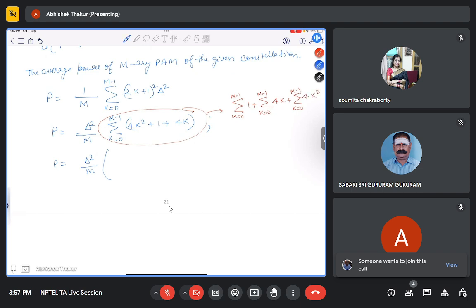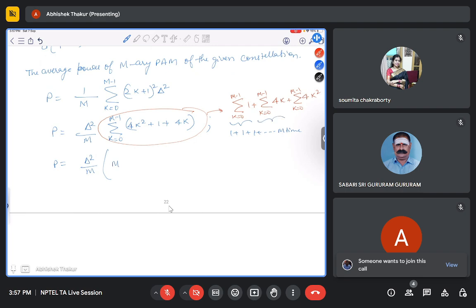So this first term will give 1 plus 1 plus 1 up to M times. So this term will become M.